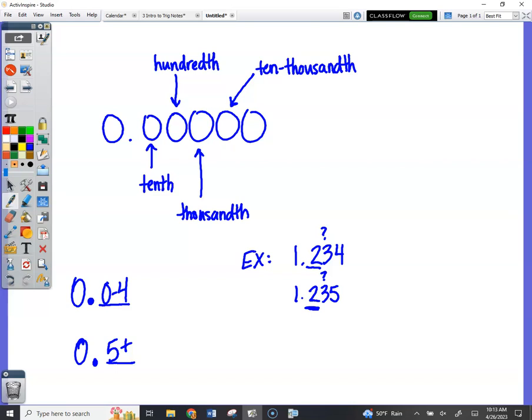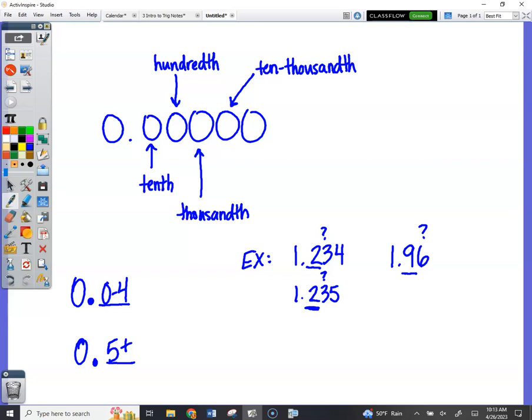Now, there are special cases where, let's say we had 1.96, and I said round that to the nearest 10th. Well, that means one number after the decimal, which means check the second digit. Will it round up or stay the same? It's going to round up, right?